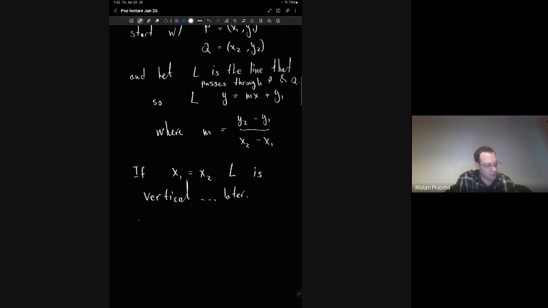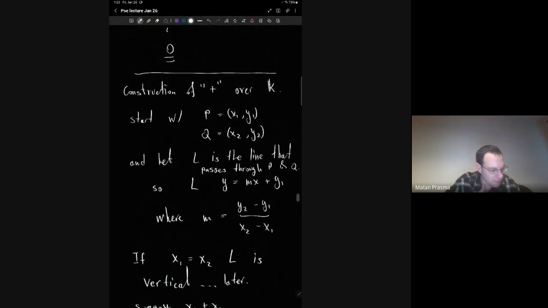So suppose x1 is different than x2. Now we have the equation of L, right? y equals m times x minus x1 plus y1. I think I had a mistake here. This should be x minus x1.